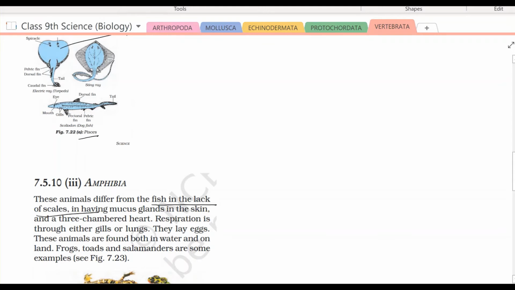They have mucus glands in the skin. Clear?